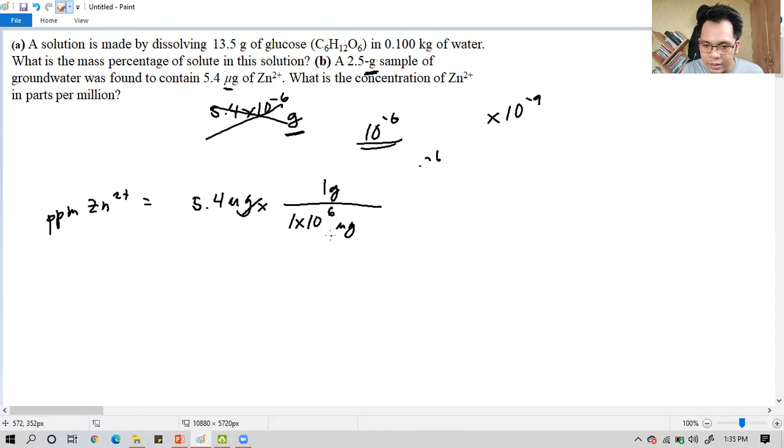So, magkakaroon ng cancellation for the microgram all over 2.5 grams. So, mangyayari dito, unit niya ay gram. So magiging kanya is 5.4 times 10 raised to negative 6.